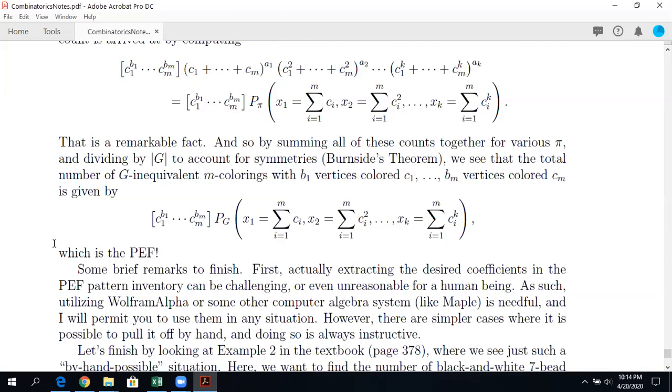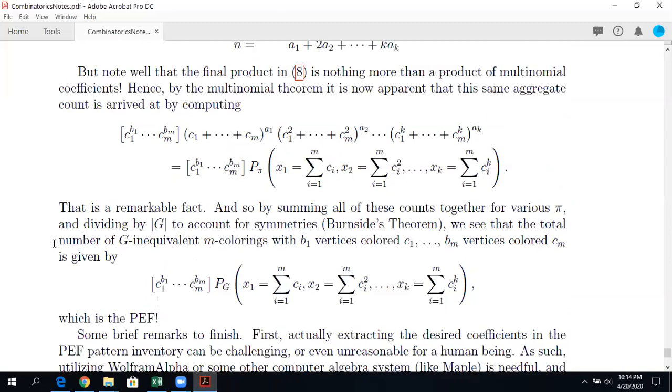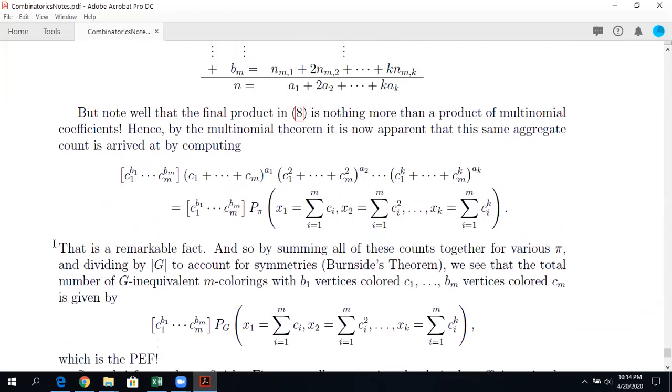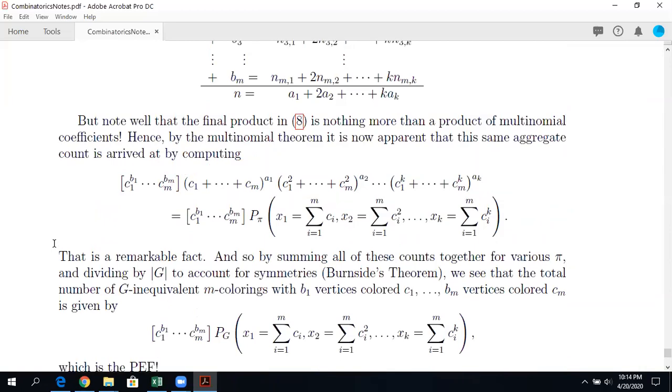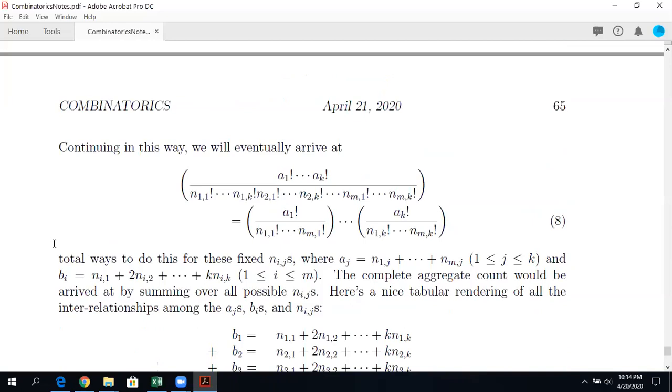That's the PEF. And I'm not going to go through and actually multiply all this out, but I would challenge you to do it. And I promise when you do it, you end up with things that look like this, okay? The multinomial coefficients.